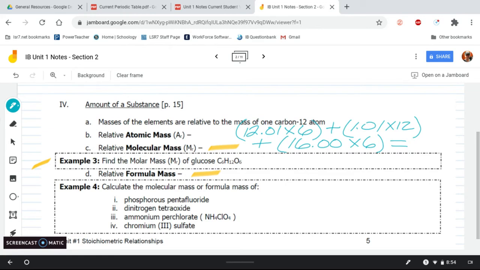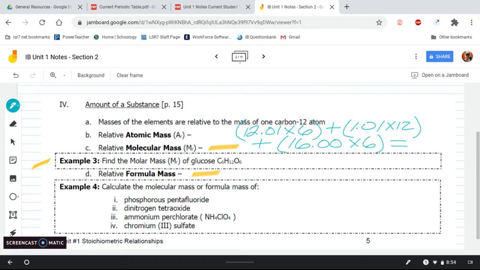Now, I'm going to do this right now. Plug it in, 12.01 times 6, enter. I'm going to add that to, in parentheses, don't forget your parentheses, guys. I got them there. You should probably use them. Your calculator has them. And then I'm going to add that to, in parentheses, the 16.00 times the 6. And there we go.